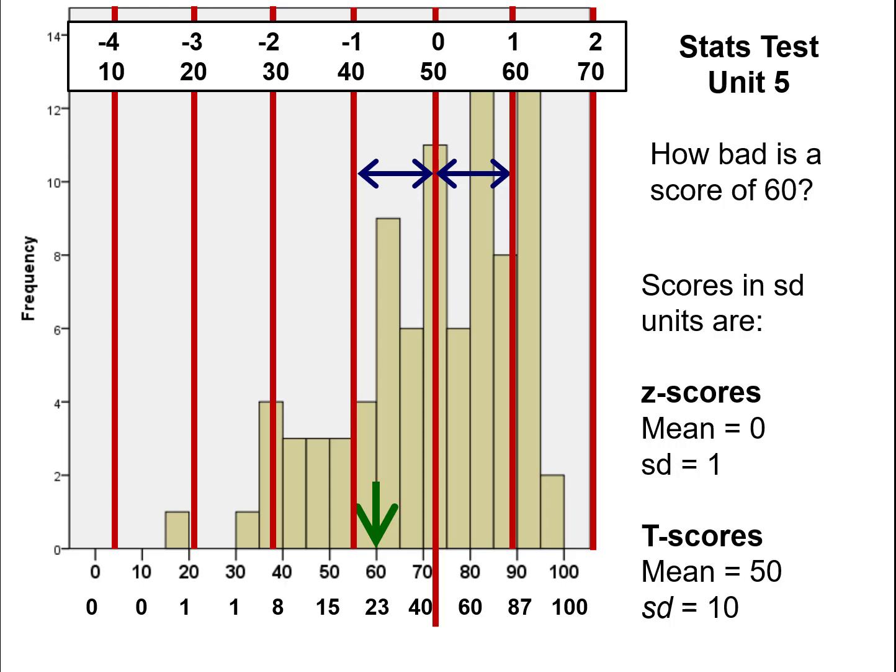One thing is that z-scores will always be very small values. You'll be dealing with a lot of decimal points when you're dealing with z-scores. You might get a score of 0.38 or negative 0.26 or something like that. So z-scores are small values, and you have to be dealing with a lot of decimal places to talk about z-scores, and that's not always practical to do.